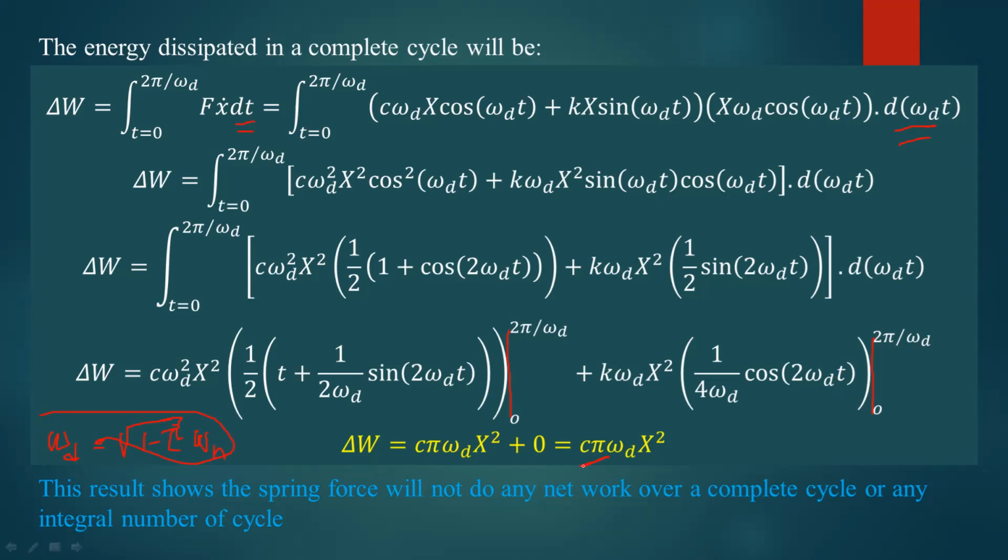The spring force is out of this calculation; only the dissipative force takes part. Delta W consists only of the C component, not the K component. The K components are eliminated here.